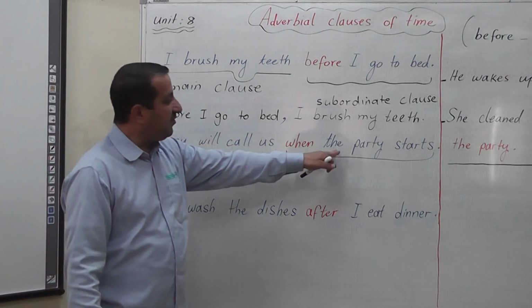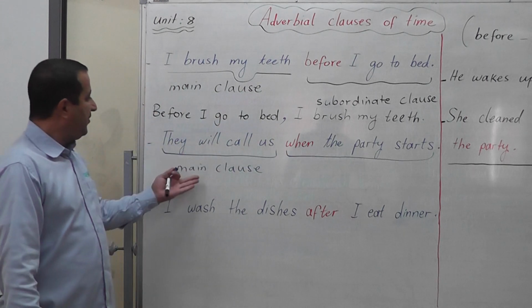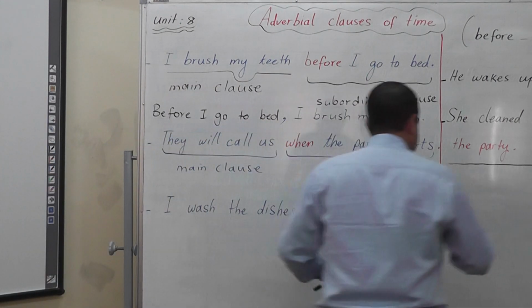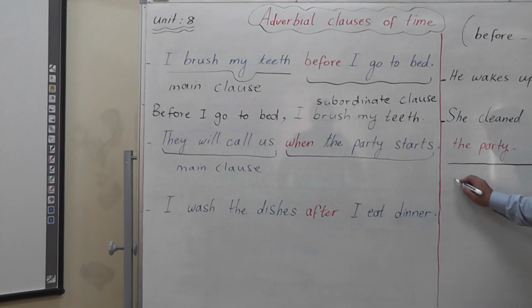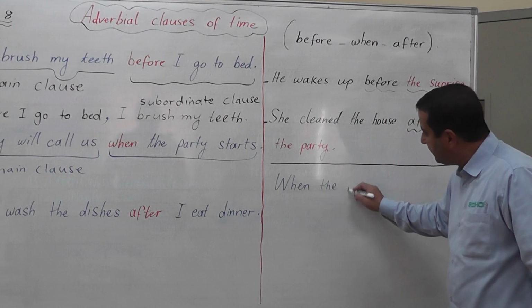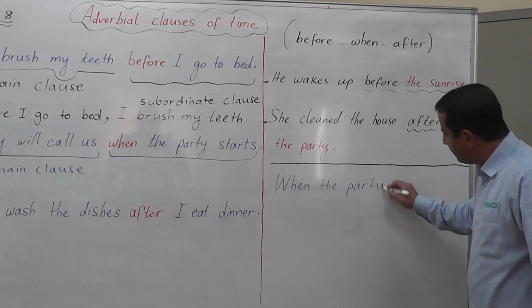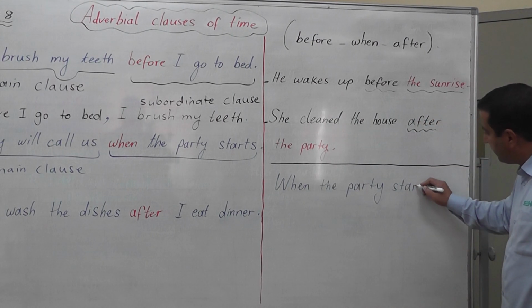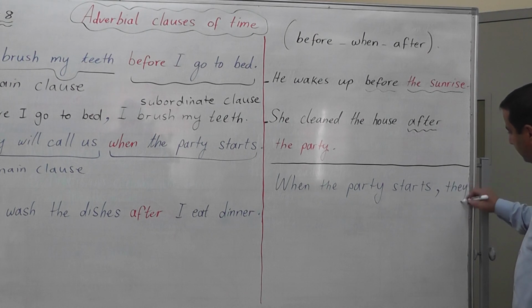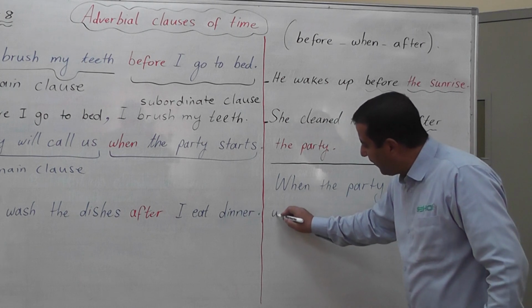We can start with the subordinate clause, then we use the main clause. So the sentence becomes like this. When the party starts, comma, they will call us.